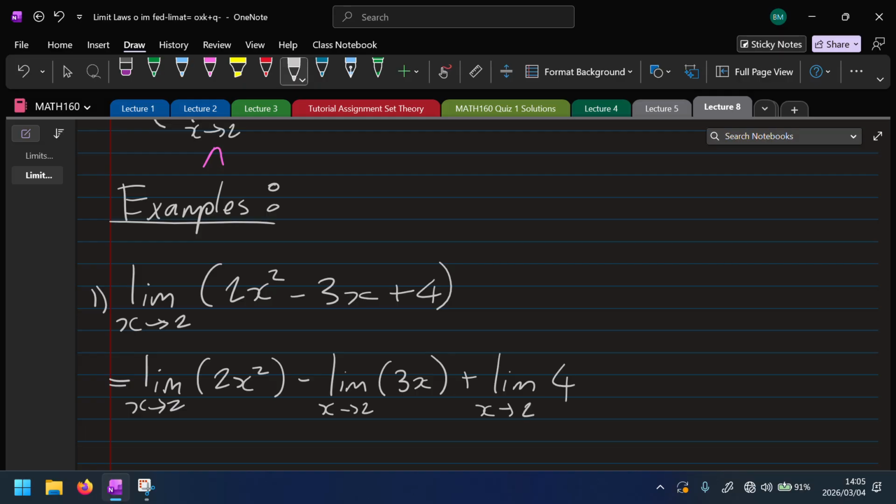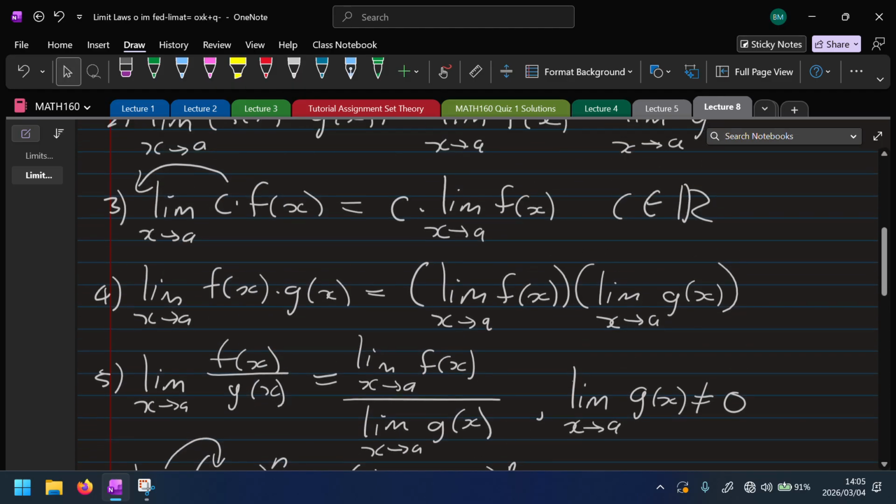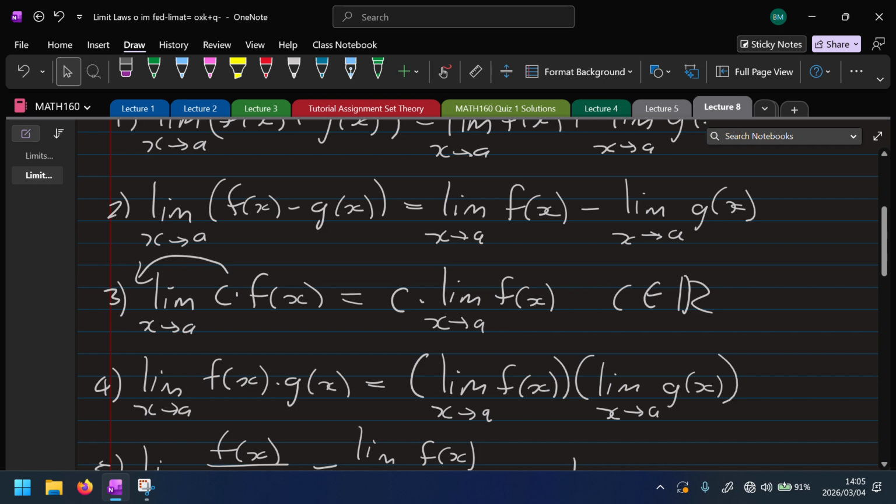Now we are going to use limit law number 3 to take out any of the constants that are multiplying the terms.